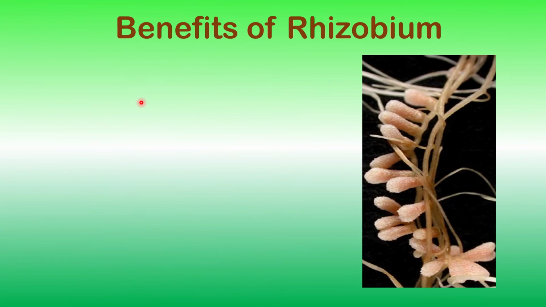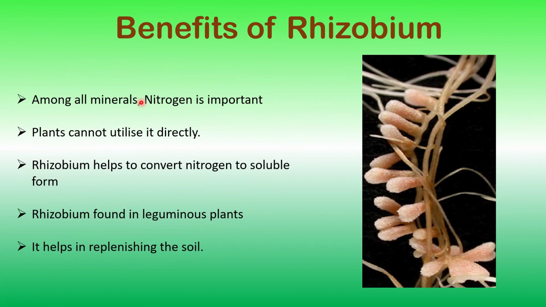So, what are the benefits of Rhizobium? Let's know about it. For plants, among all minerals, they need nitrogen very importantly, and plants cannot utilize it directly from the air.